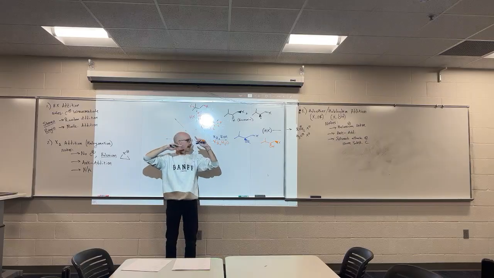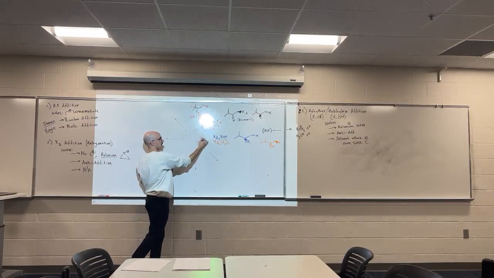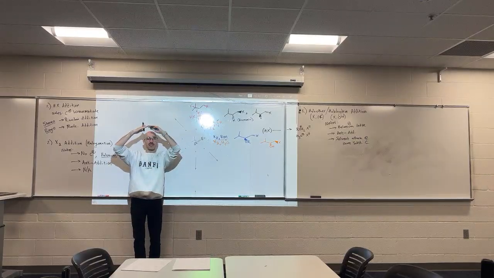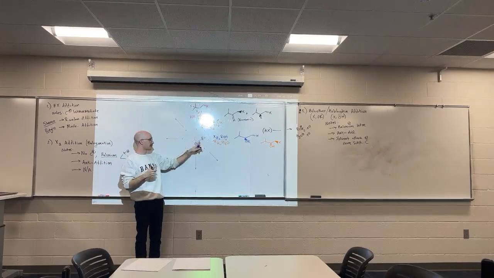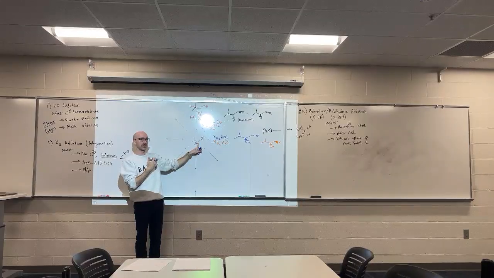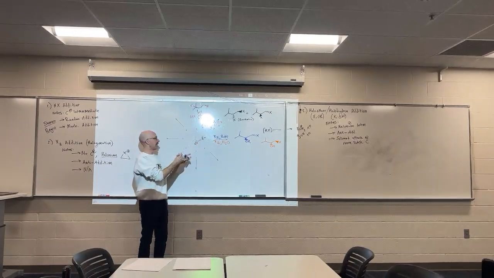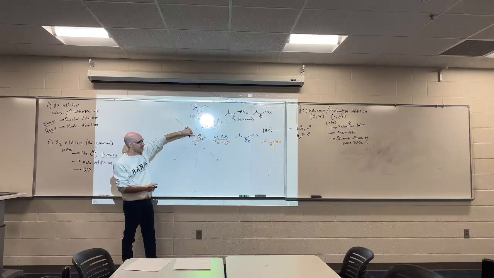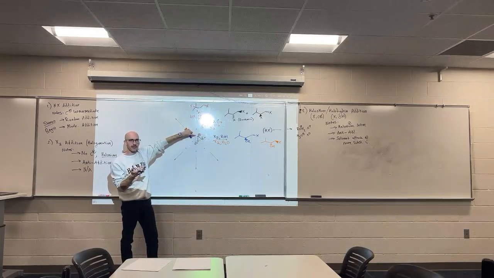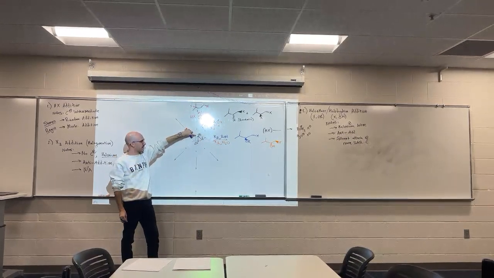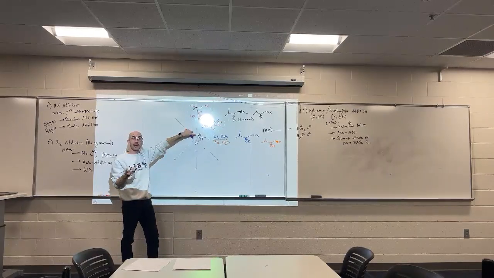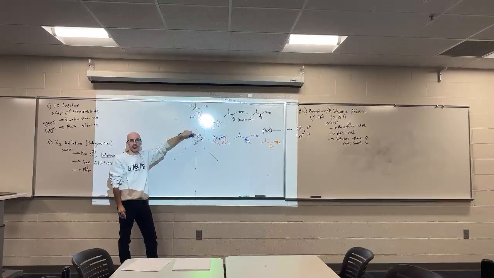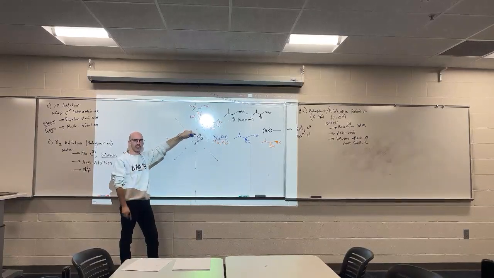We had that partial negative, partial positive before. That doesn't go away in the halonium intermediate. There's still a more stable positive charge on the more substituted carbon, and still a more stable negative charge on the less substituted, even though it has a halonium sitting on top of it. And so where is the solvent's partial negative most attracted? To the partial positive carbon, the carbon that is losing its electrons, more substituted.